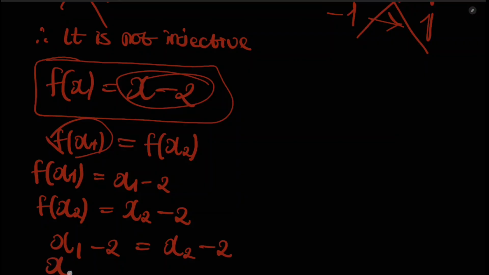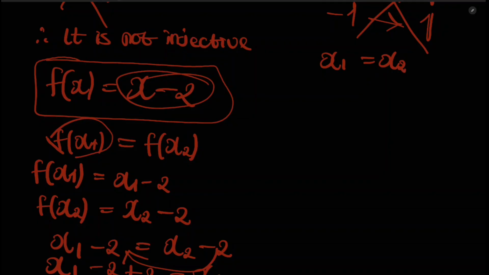So if we say x1 minus 2, take this 2 this other way, it is going to be plus 2 equal to x2. From there we see that x1 is equal to x2.